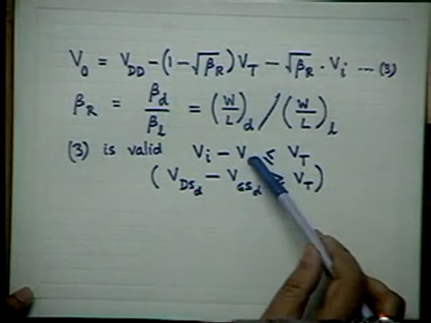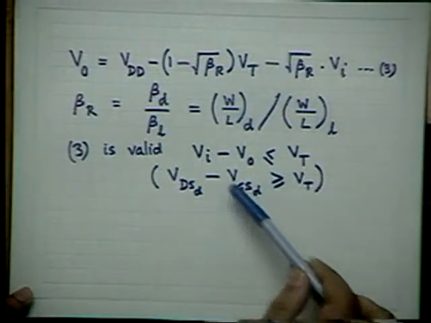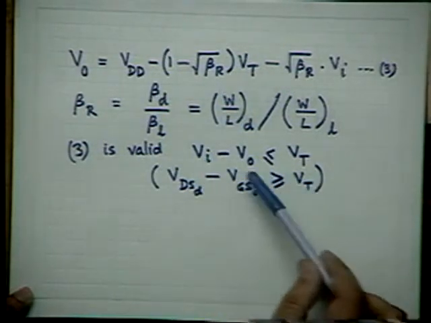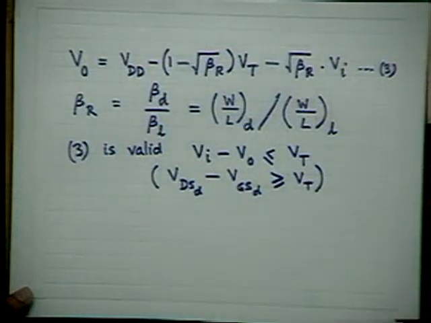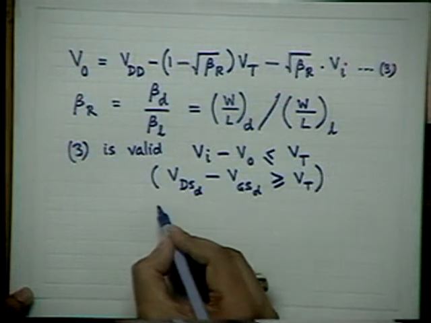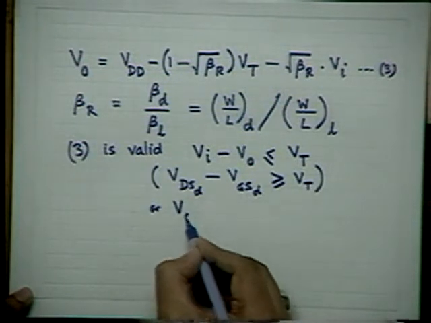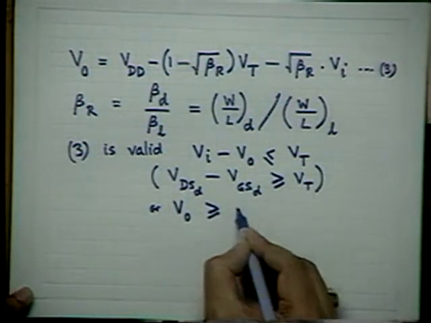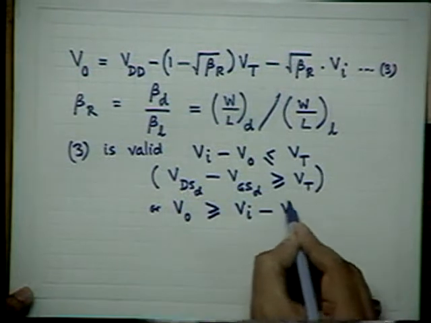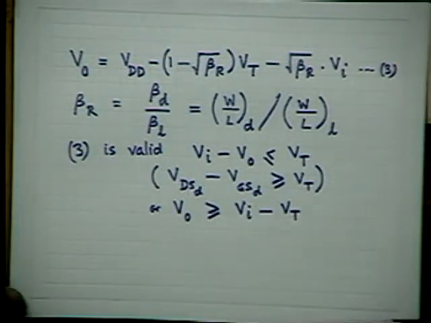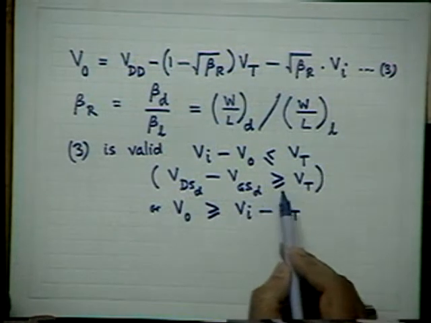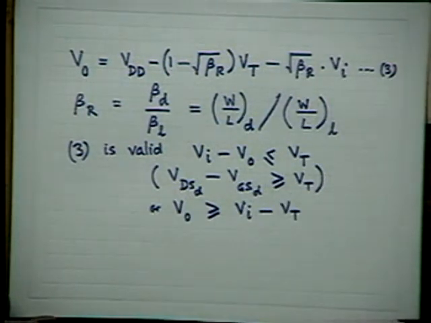VDSD is nothing but VO, and VGSD is nothing but VI and threshold. So ultimately we get this relationship, or effectively we can write it as VO is simply greater than or equal to VI minus VT.